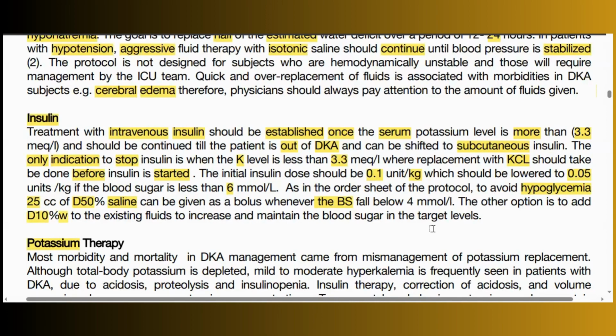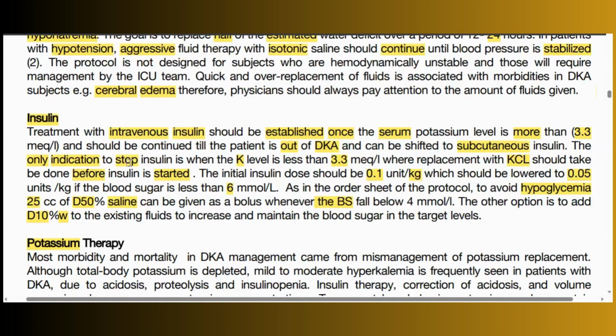So, intravenous insulin is established when the serum potassium level is more than 3.3. Continue until the patient is out of DKA and can be shifted to subcutaneous insulin.